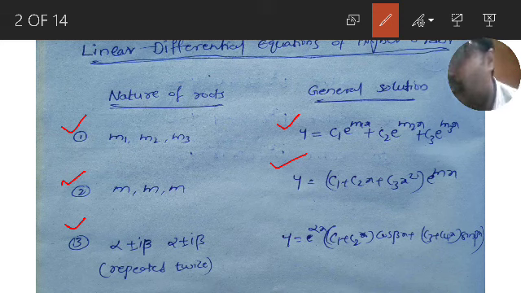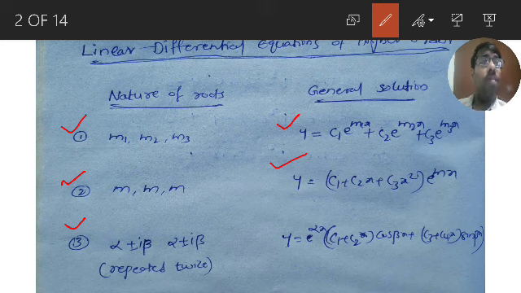Now the pair of complex roots exists twice, two times. Are you getting? Alpha plus or minus i beta, alpha plus or minus i beta are four roots. That is, alpha plus i beta, alpha minus i beta, again alpha plus i beta, alpha minus i beta are roots of a given homogeneous differential equation.